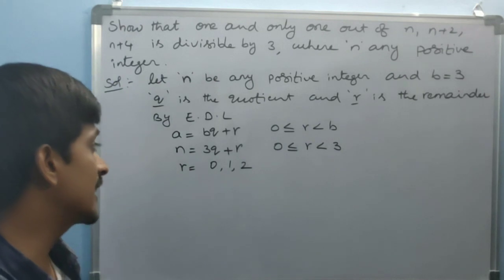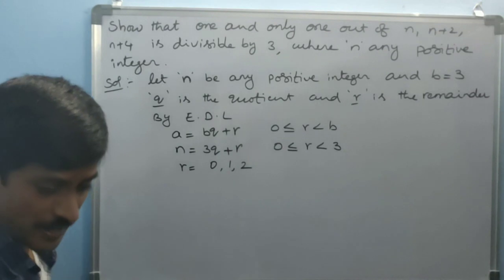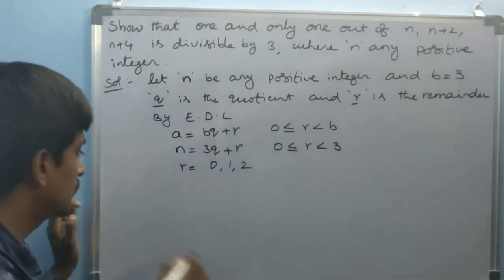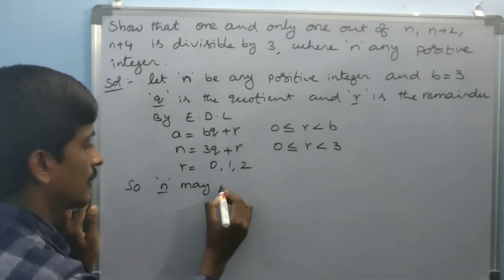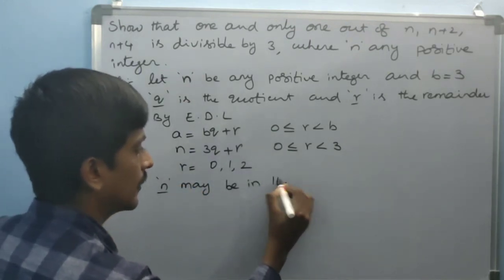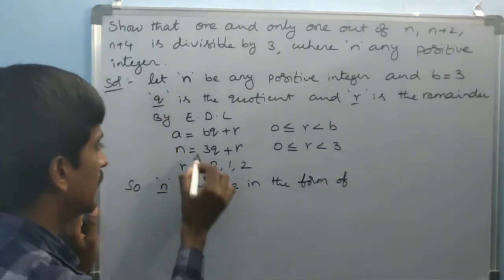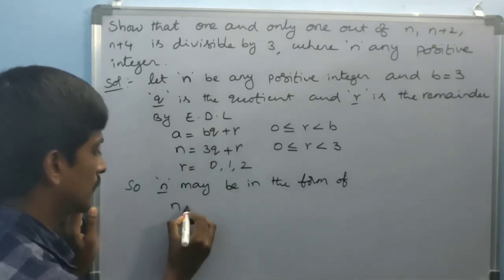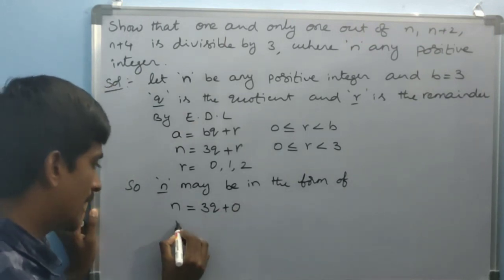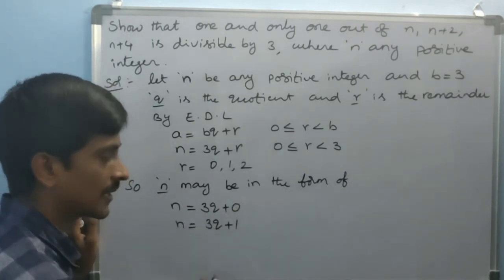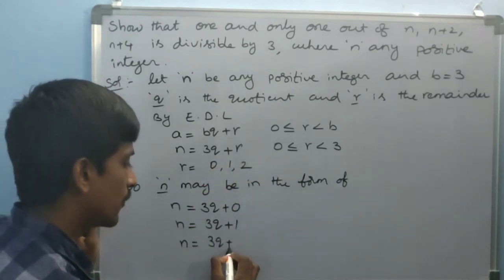In these three cases, n may be in the form of: first, n equals 3q plus 0; second, r equals 1, n equals 3q plus 1; third, r equals 2, n equals 3q plus 2.